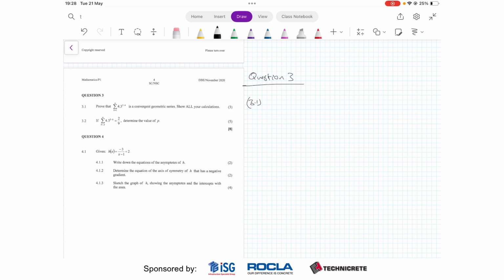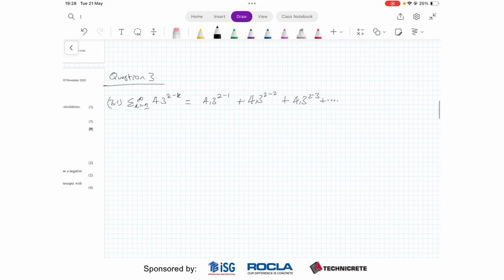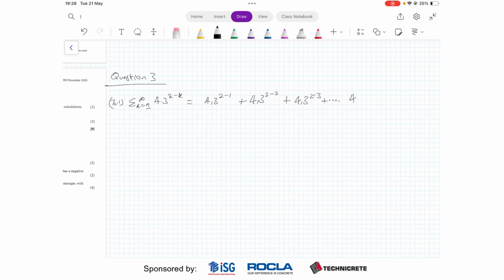Now, 3.1, we can write out the sum from k equals 1 up to infinity of 4.3 to the power 2 minus k as equal to: the first term will be 4.3 to the power 2 minus 1, plus 4.3 to the power 2 minus 2, plus 4.3 to the power 2 minus 3, plus moving forward all the way up to 4.3 to the power 2 minus k, right?